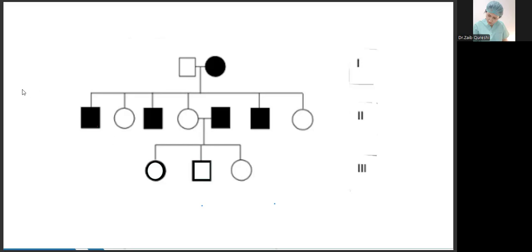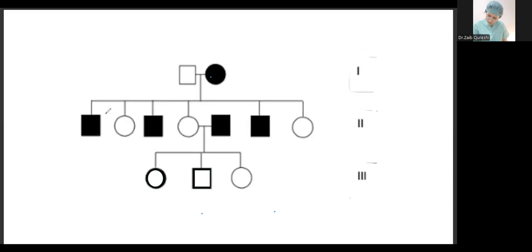Can you see there is a mother? This is the mother. She's giving birth to 1, 2, 3, 4, 5, and 6. She has got 6 children. Number 1, 3, and 5 are males, and 6, 4, and 2 are females. Strictly, the disease is affecting males of the family.